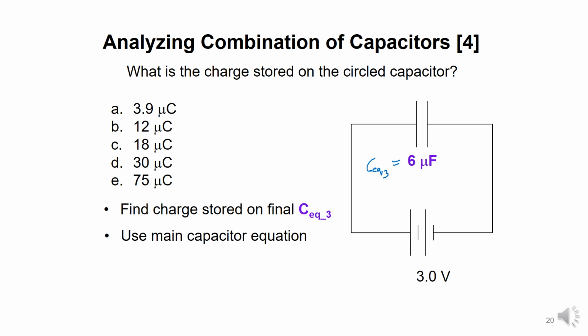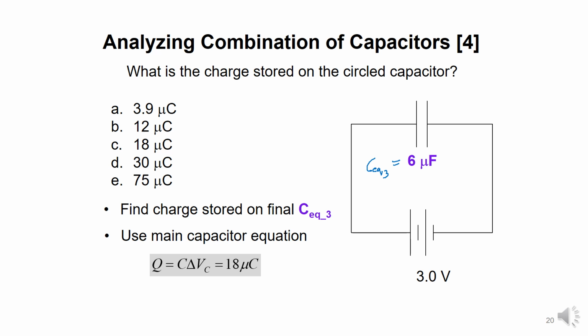Okay, so we'll use the regular capacitor equation, Q equals CV, right? So this time Q is the charge stored in the entire capacitor combination, the total charge. C is the equivalent capacitance, the 6 microfarad of the entire combination, and V is the battery voltage. That's the voltage across the entire capacitor combination. So let's plug all this in.